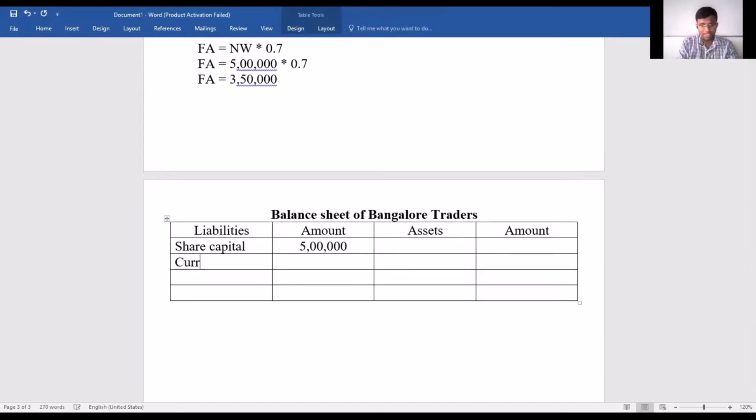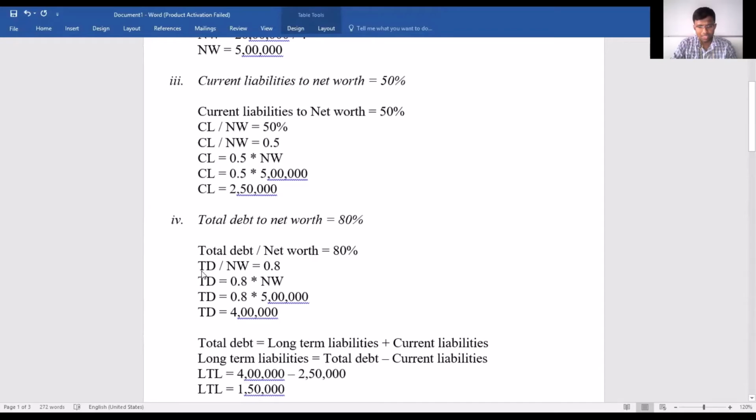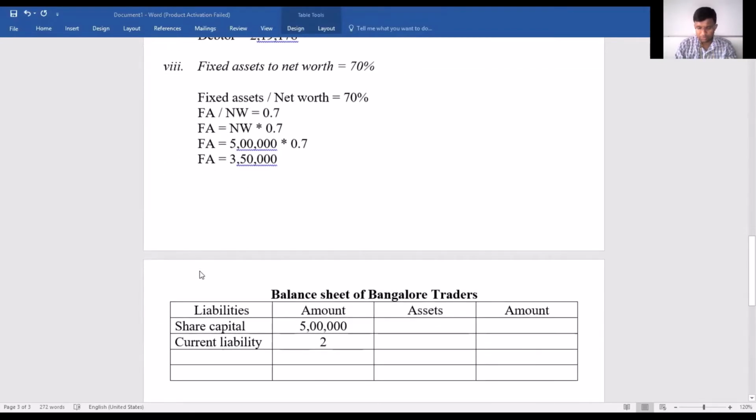So I'm just going to enter this as it is, current liability. What we have computed from here is 2,50,000. So that has been taken into consideration.